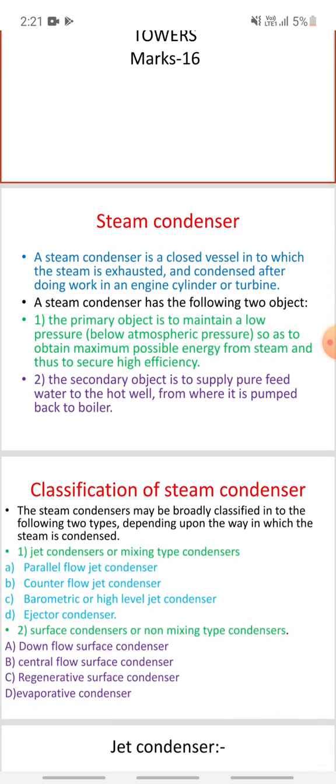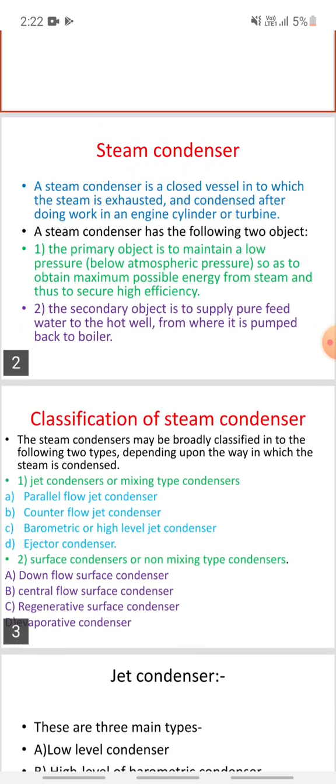So what is meant by steam condenser? The steam condenser is a closed vessel device in which the exhaust steam from a steam engine or steam turbine is condensed by means of cooling water, by keeping the pressure below atmospheric pressure.